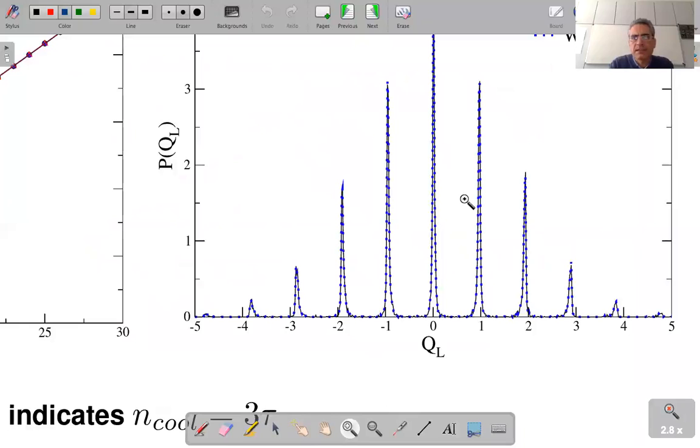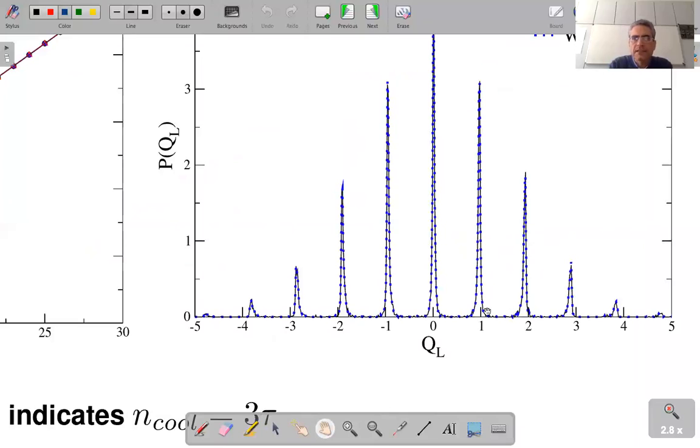Basically you can see that there is no difference between the two definitions. They are hardly distinguishable, if, of course, you match the amount of cooling and of Wilson flow that you perform.